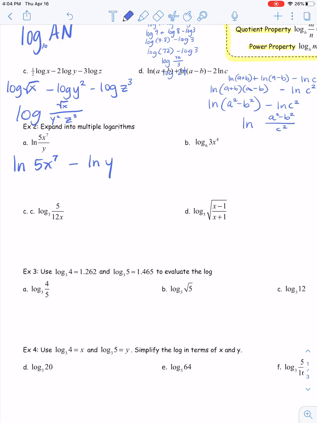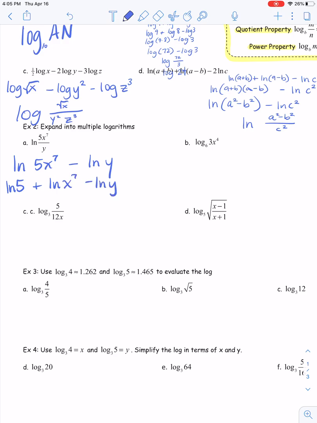But I'm not done yet, because I know that 5 times x was using my product property, and I also see that x is being raised to the 7th power, which means I was applying the power property. So I need to separate the 5 with the x to the 7th power. So I'm going to do that by addition. So this is really the natural log of 5 plus the natural log of x to the 7th minus the natural log of y.